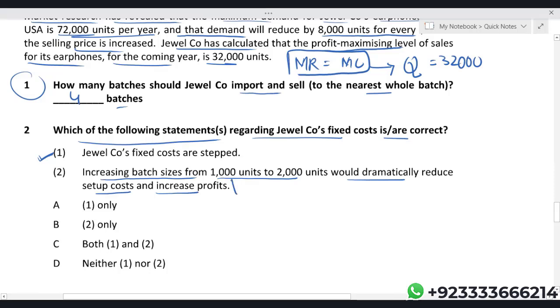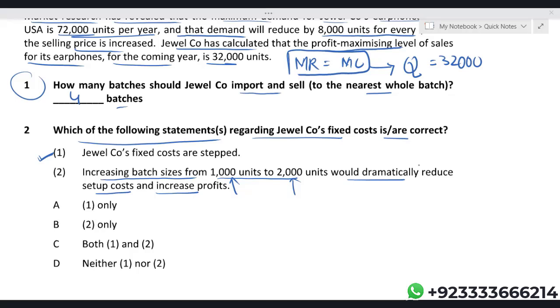If you increase the batch sizes from 1,000 units to 2,000 units, that would reduce setup cost dramatically. Of course, now instead of a batch size of 1,000, we are working in 2,000. So definitely your setup cost will reduce. Increasing the batch size from 1,000 to 2,000 would dramatically reduce the setup cost and increase the profit.